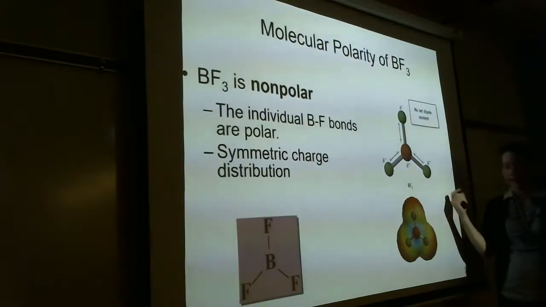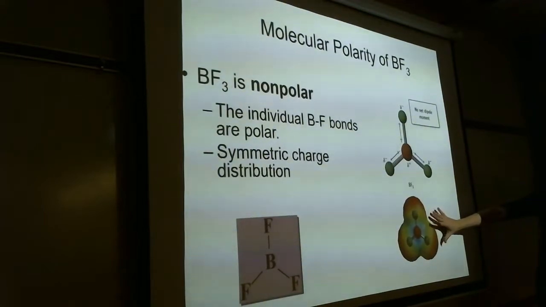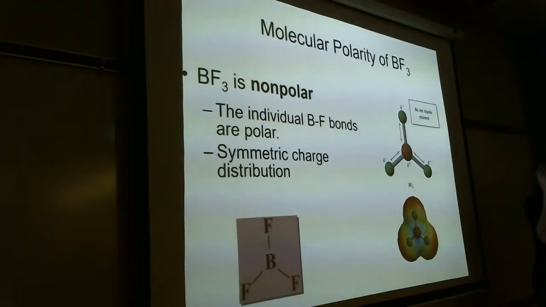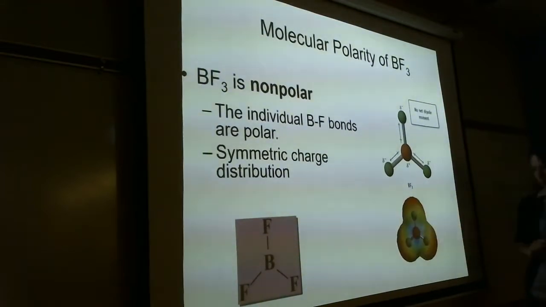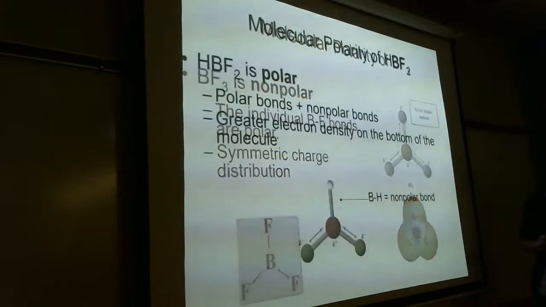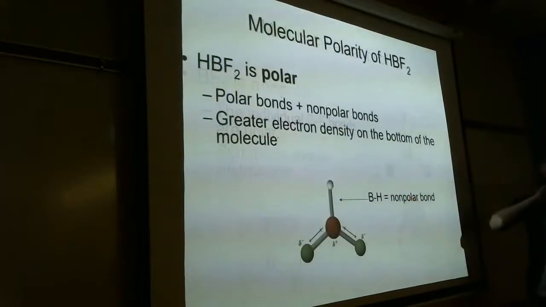They all offset each other. There's the electron density map for BF3, right? There is no net region where it's positive or negative, right? They're all offsetting each other. Does this make sense?